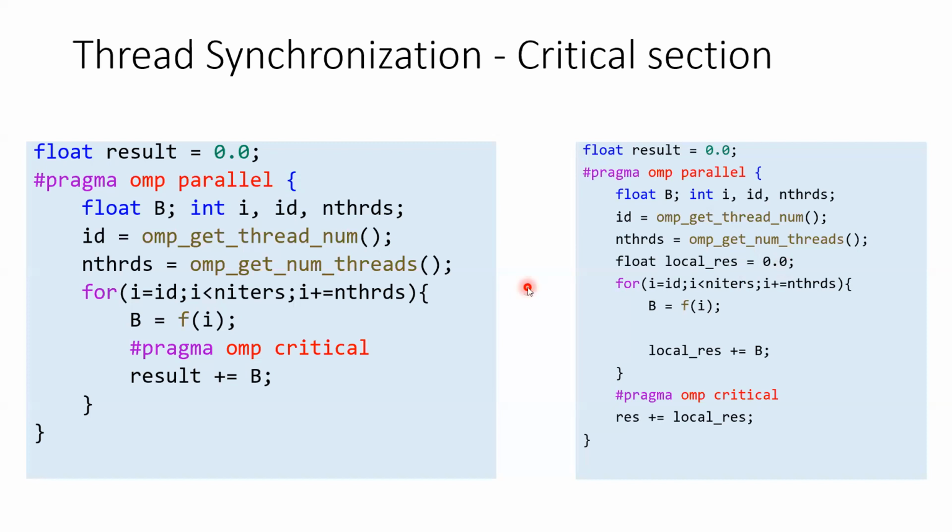So this critical is ensuring that every local result for that particular thread is getting summed up, and no other thread is adding it at the same time. Whenever one thread is adding its value to the result, it is one after another, just like a for loop. Thread 0 is adding, thread 2 is adding, thread 3 is adding, not in a particular order, but only one at a time.